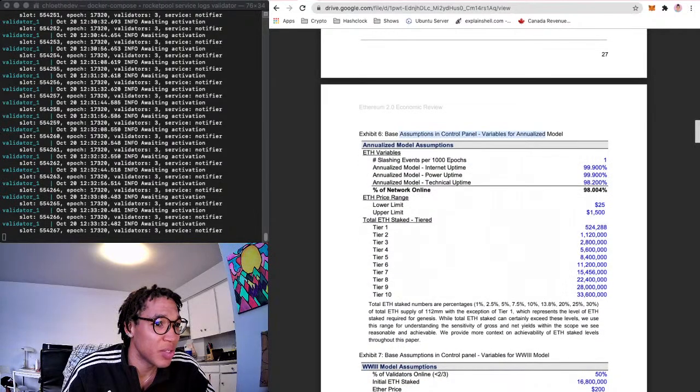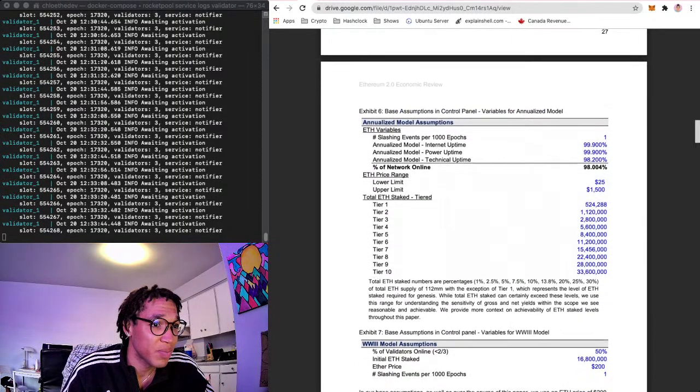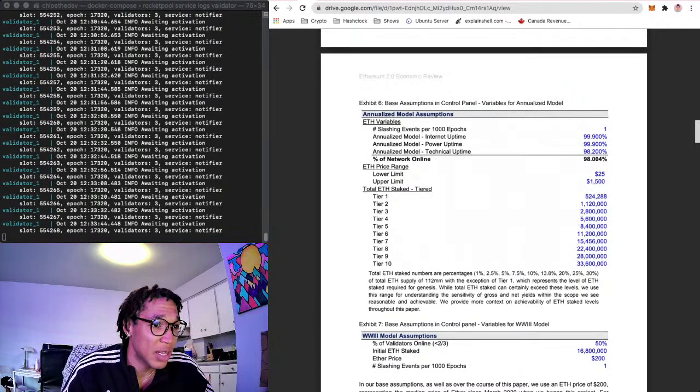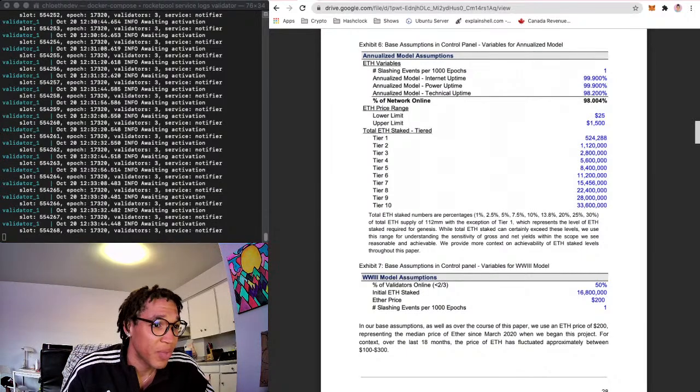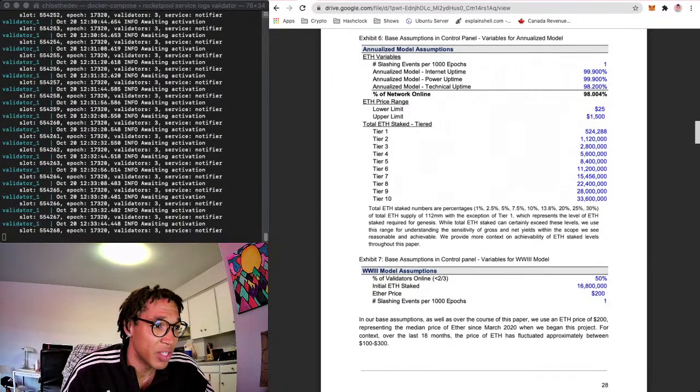Annualized model assumptions. Okay, so they're assuming 1 slashing event per 1,000 e-bucks per person. Uptimes. We already got all this. They're saying the ETH limit ranges from 25 to 1,500. And these are the different tiers of ETH staked.